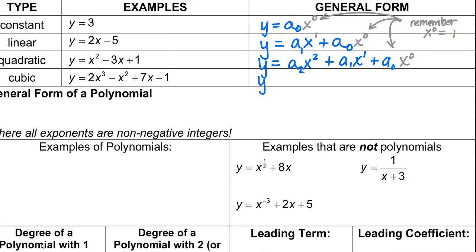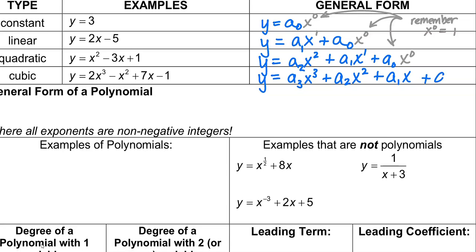So I'm going to write this as y equals, now the highest power is a cubic here, so it'll be a sub 3 x to the 3, plus a sub 2 x to the 2, plus a sub 1 x. I'm not going to put x to the first anymore. Is that okay? And then plus a sub 0. I'm not going to write the x to the 0 because I think you understand where I'm pulling everything.